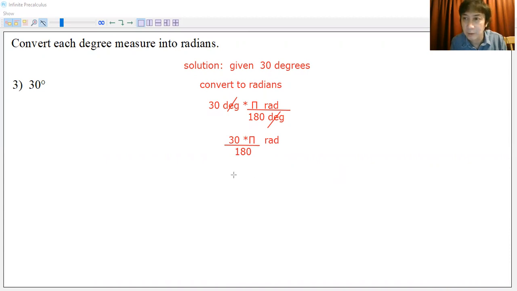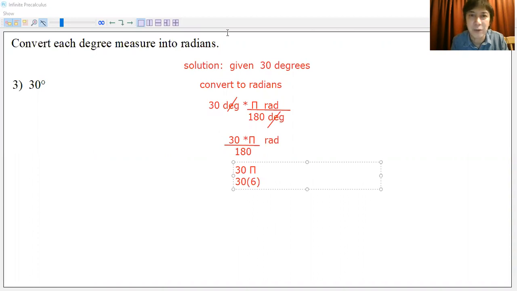So we can get the factors of 180, and we can start canceling the numbers. So this is 30 times pi, and then the factors of 180, which is 30 times 6.